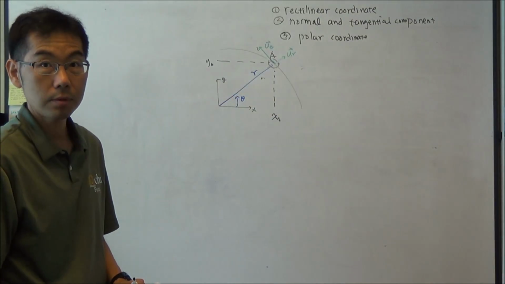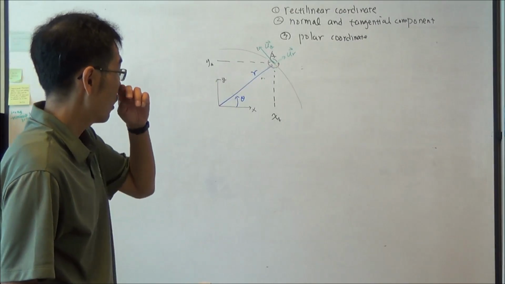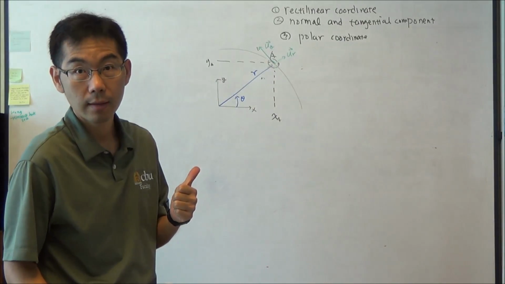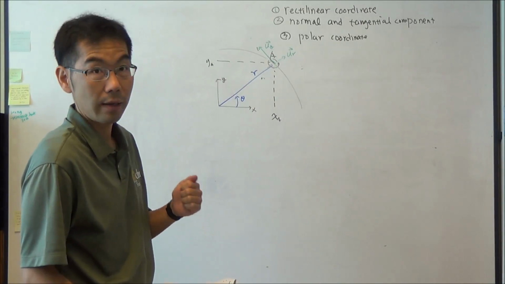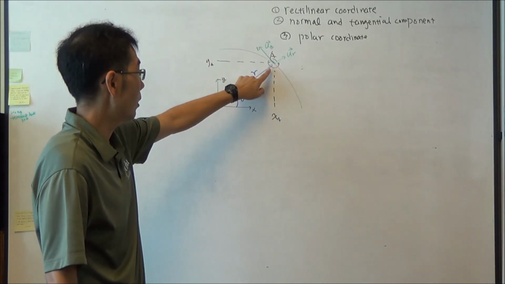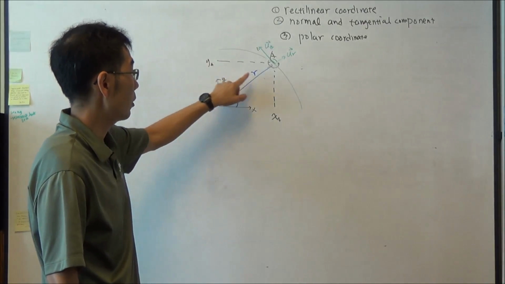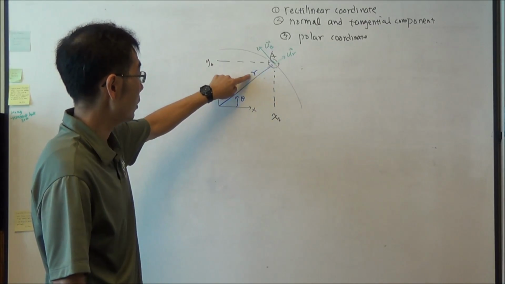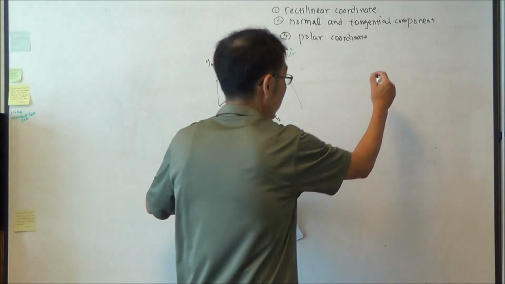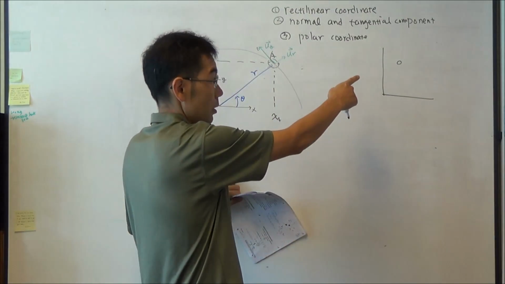Okay, so let me just re-explain the polar coordinates. In the polar coordinate system, instead of using x and y, we can just use r and theta. So in here, we have the positions. Instead of using x_A and y_A to locate this position, we simply use r and theta. Right? So here, how do you represent the position?